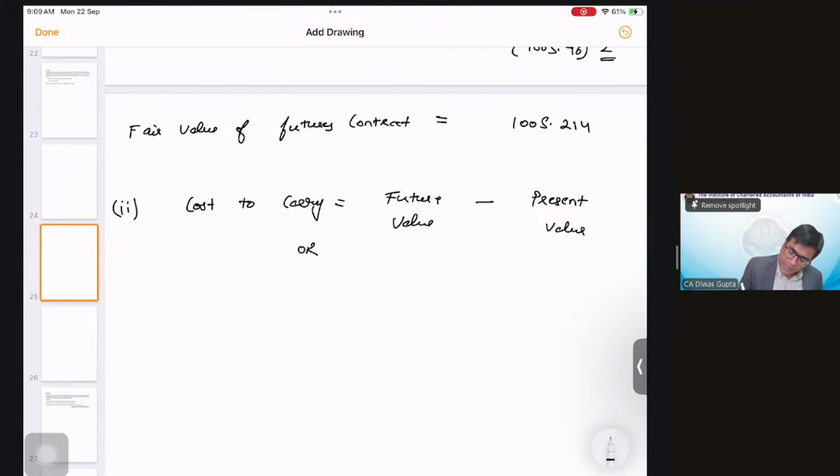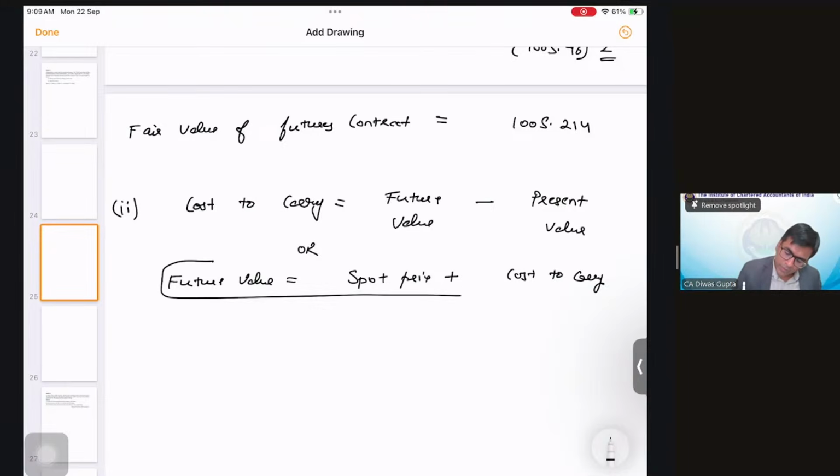Or in other words, we can also say that the future value is equal to spot price, which is the present value, plus cost to carry.